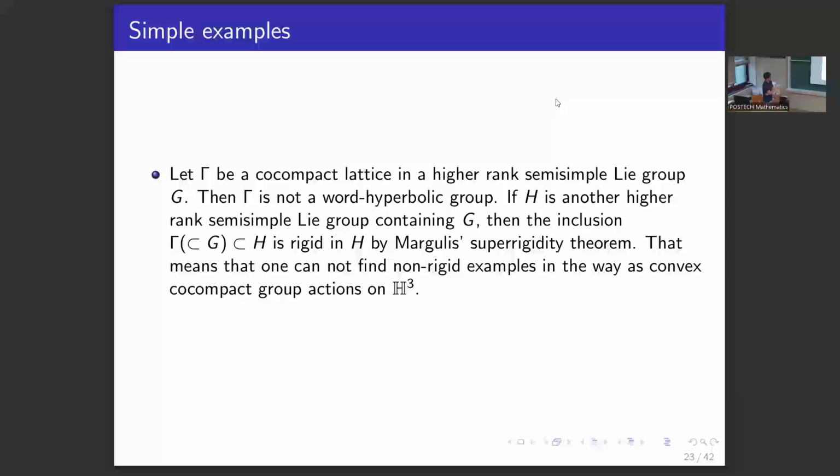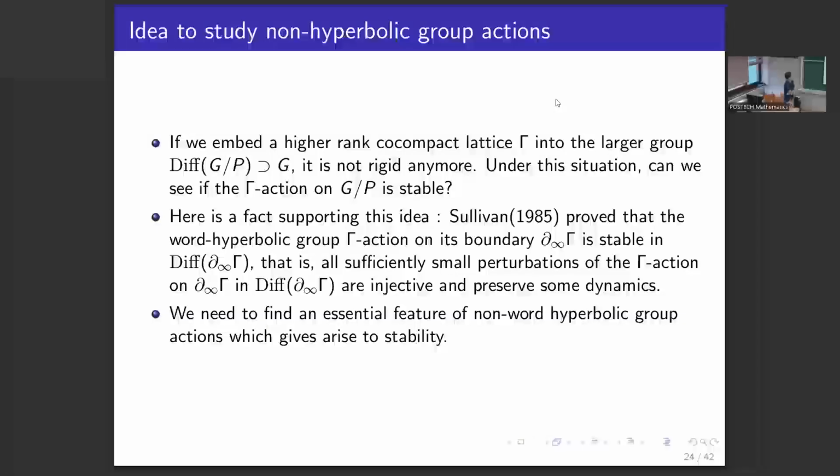Okay, so that means that one cannot find a non-rigid example in this way, as with the convex co-compact group action on H3. So then, what is the next idea? This is the next idea to study the non-word hyperbolic group action.